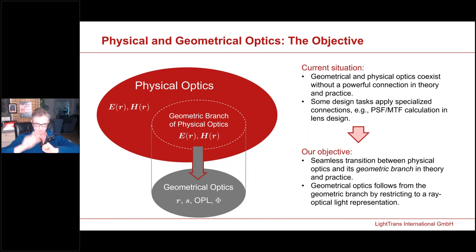And if we have that, we need to find it. But if we have it, then we can extract ray optics out of it. As I like to call it, a special mode of operation of physical optics. So ray optics should become a special mode of operation of physical optics.